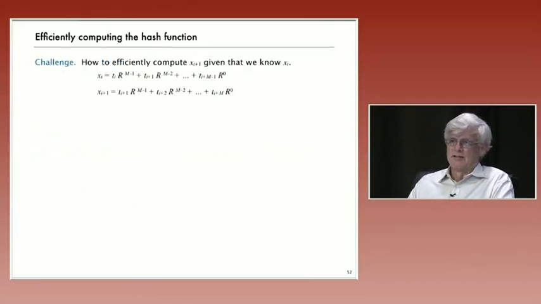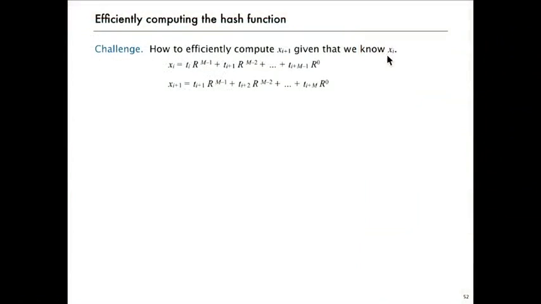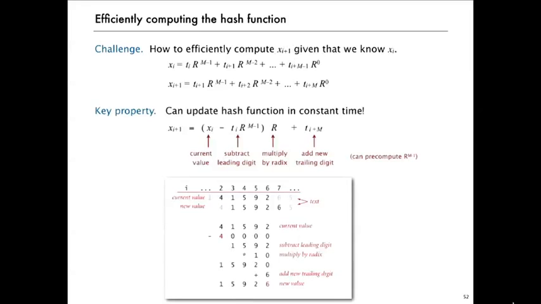Now the second step for the Rabin-Karp algorithm is to realize that if we know xi mod q, we can efficiently compute xi plus 1 mod q because they have a lot of digits in common. And you can just do a little math to get to xi plus 1.